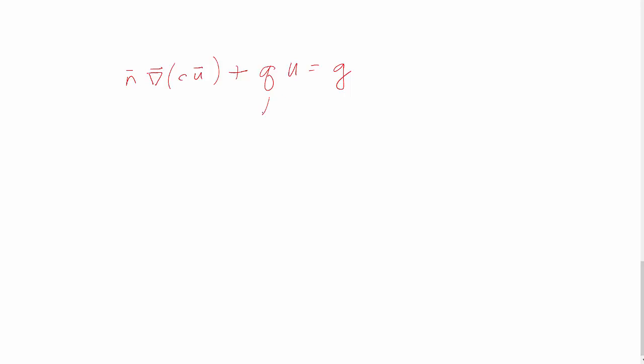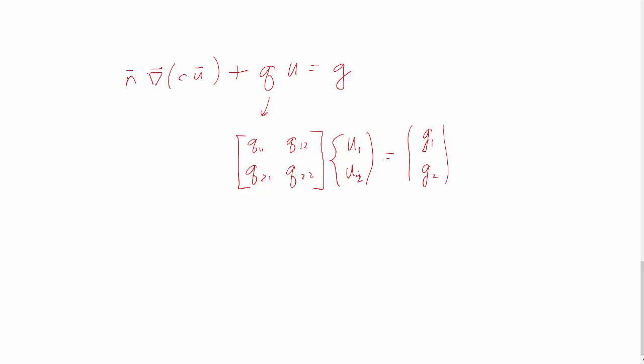Now, the q is listed with several variables. It has q11, q12, q21, and q22 times the displacement in the x and the displacement in the y, and it's equal to G1 and G2.